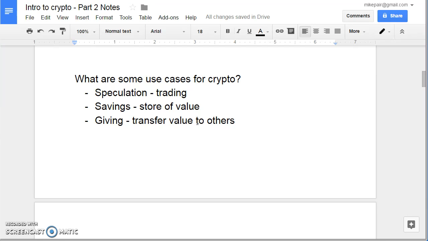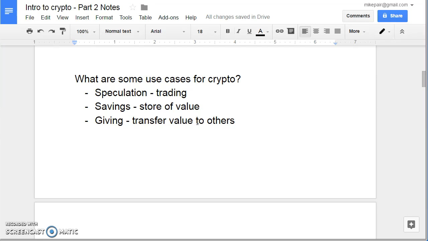Or if you think we're going through a deflationary or inflationary time where you believe that our dollars are not going to be worth as much as they are now, then you can just put it in crypto and hold it.